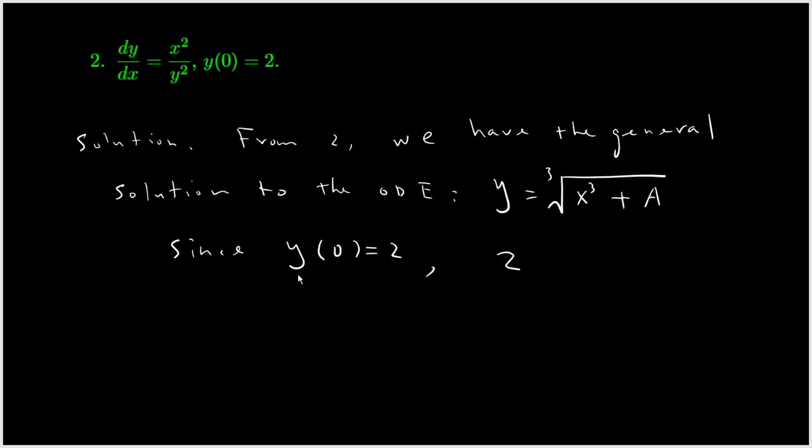The meaning is y value is 2 when x value is 0. So 2 is equal to the cube root of 0 cubed, which is 0, plus a. You see you have an equation of a. Solve the equation for a, and you can get the constant.